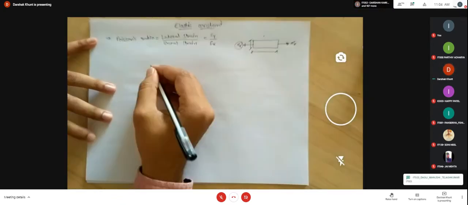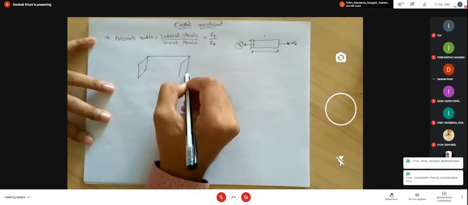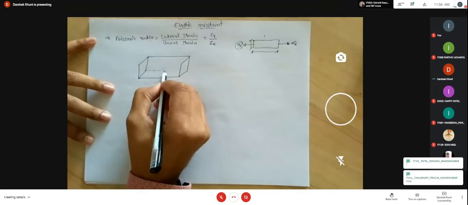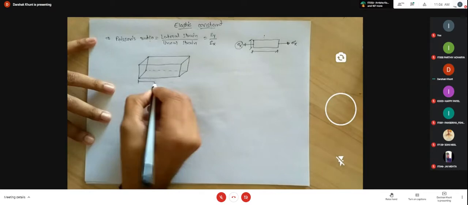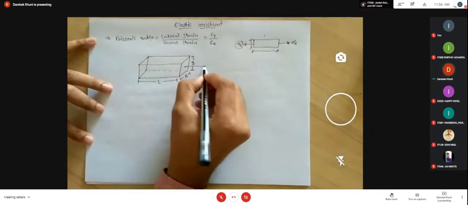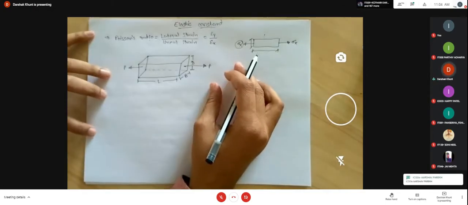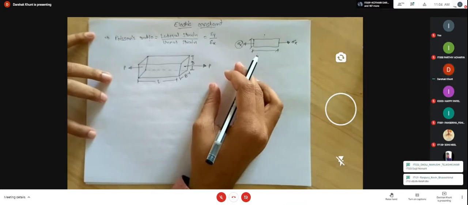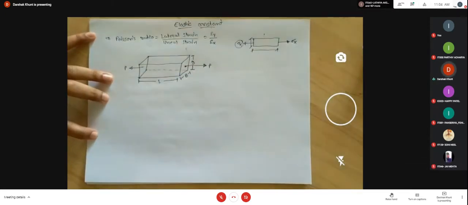Okay, if we consider any material or any section like this, the length is L, the radius is, okay, and if we apply the forces in these directions, then under the effect of these forces we have a linear strain, meaning the length is increased, and the width also decreases, because of the Poisson's effect.